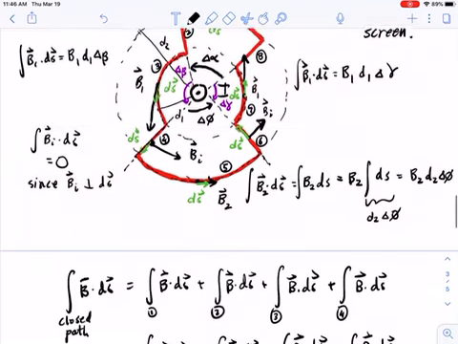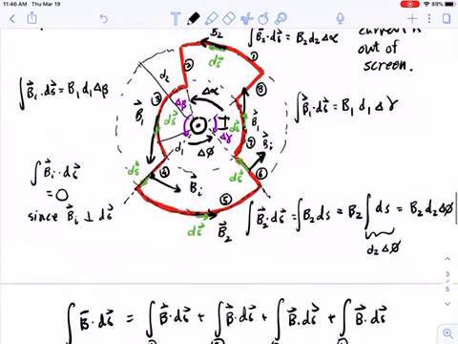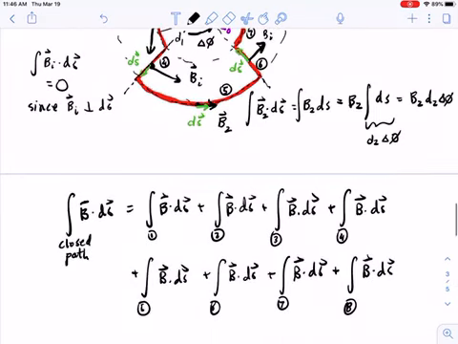Which ones are straight line segments? 2, 4, 6, and 8.